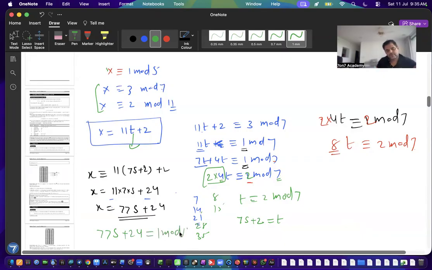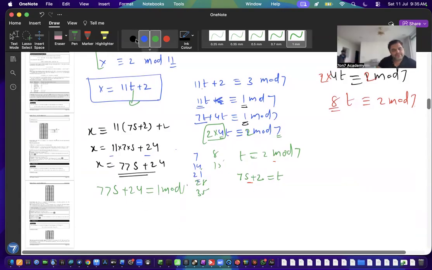So first, I will make it smaller. The multiple of 5 close to 77 is 75. So 2s plus 4 is congruent to 1 mod 5. Take it as -1 now.